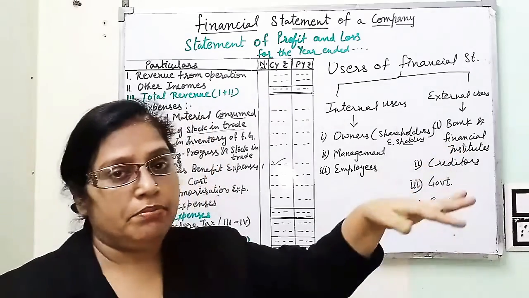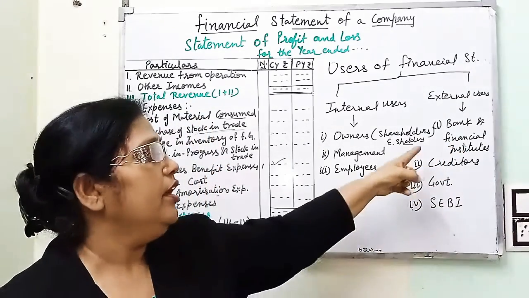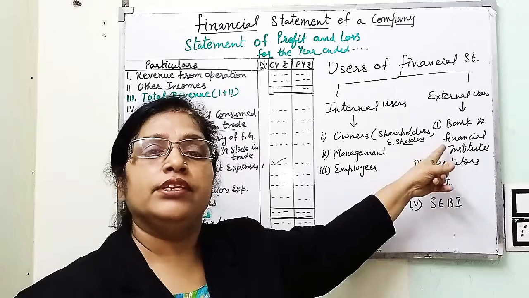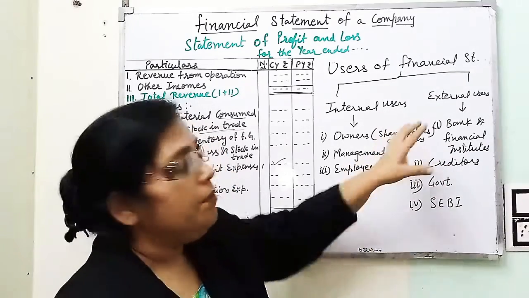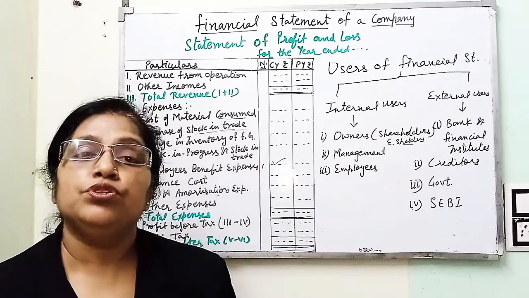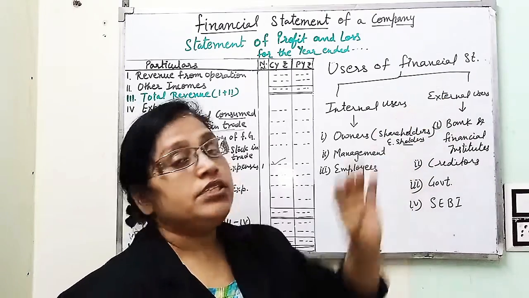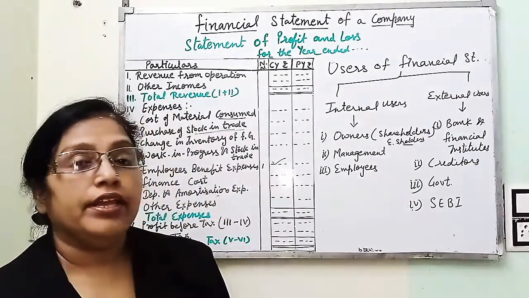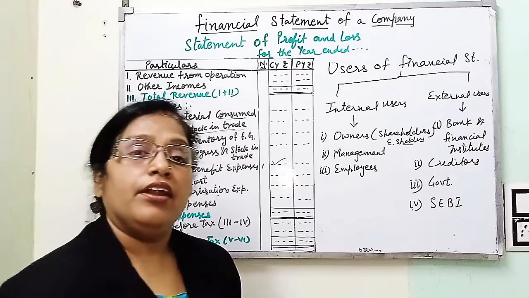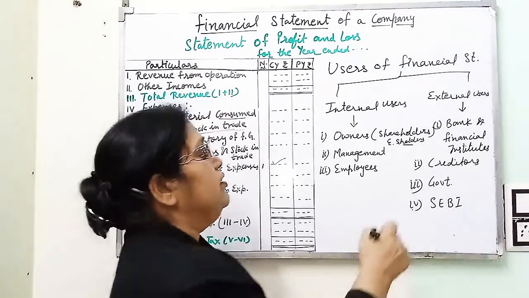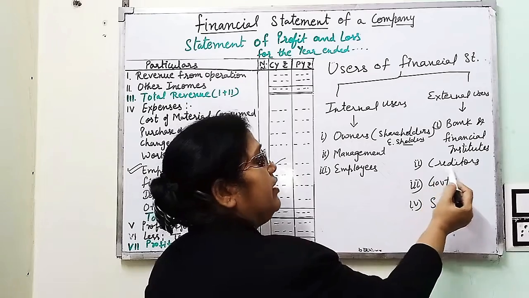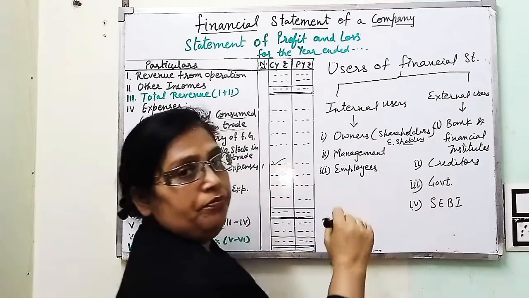If there is earning capacity or stable earning in the company, then there are chances of getting all these things. Creditors are the persons who have given goods on credit to the company. They want to know about the financial statement of the company so that they can know about its earning capacity, and when they can get their money back or not.